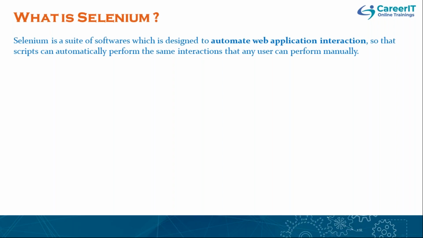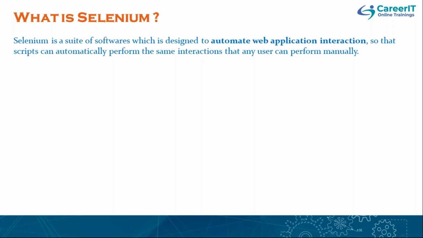But in the market, 99% of applications are web applications, because though they have Windows versions, they are releasing web versions, since the web is spread across the world and anyone can access your application anywhere with a simple internet connection. So most of the applications in the market now are web applications.